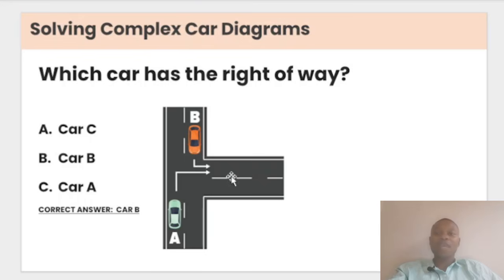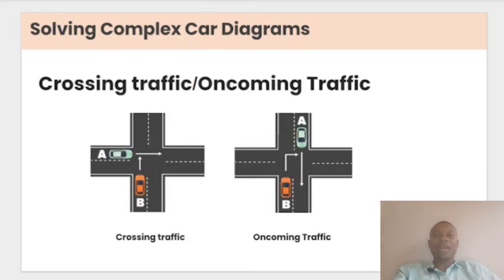So car A cannot turn right. I hope you have understood that. With that being said, the car that has the right of way has to be car B. I hope you do not have any trouble with that kind of question ever again. Now, let's move on to the next slide.